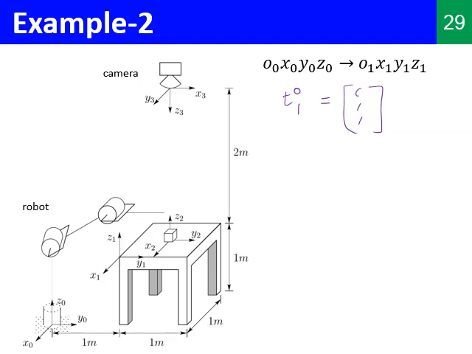Okay, so this is our translation vector. Next, we need the rotation matrix R01, and from this figure you can see both frame 0 and frame 1 have the same orientation. Therefore, our rotation matrix is simply the identity matrix. Okay.